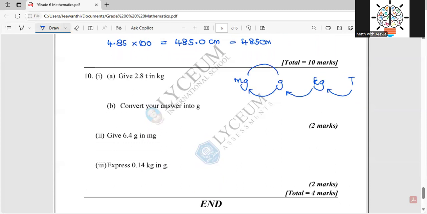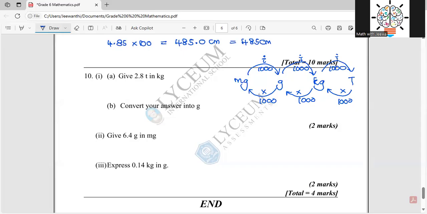The smaller units become bigger units, and bigger units become smaller units like this. What I do, always I have to multiply by 1000 if it is to this side. If it is to the other side, again, it is 1000, like this.